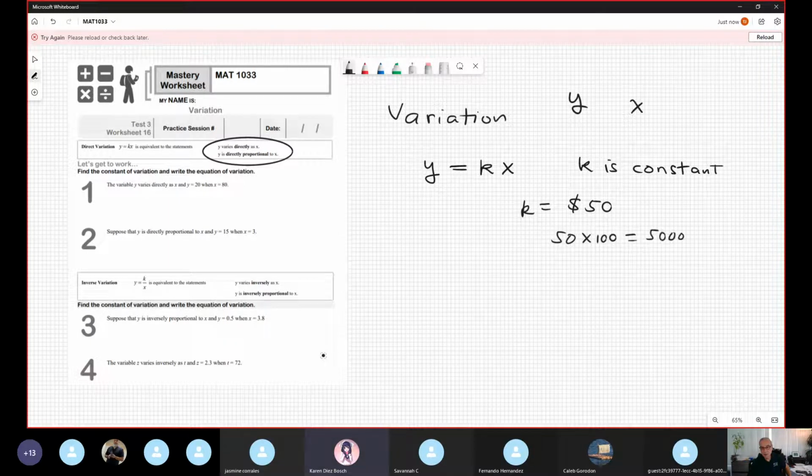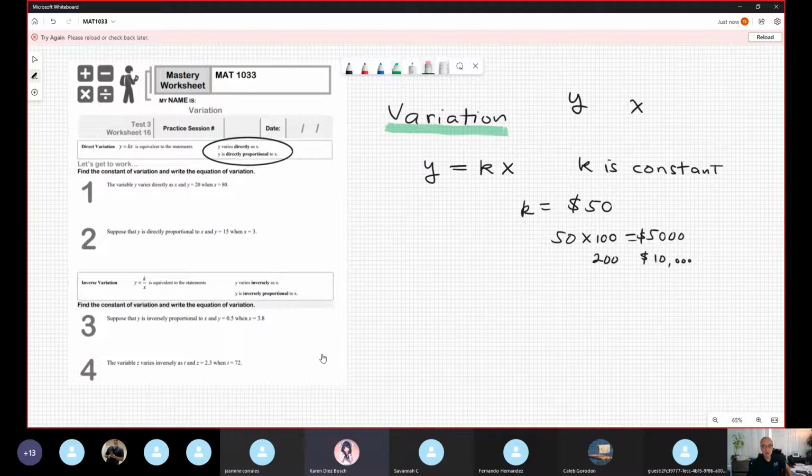That's $5,000. Now for 200, multiply by 2, it is $10,000. This is the most common law of variation that you know. Keep in mind this name: directly proportional.